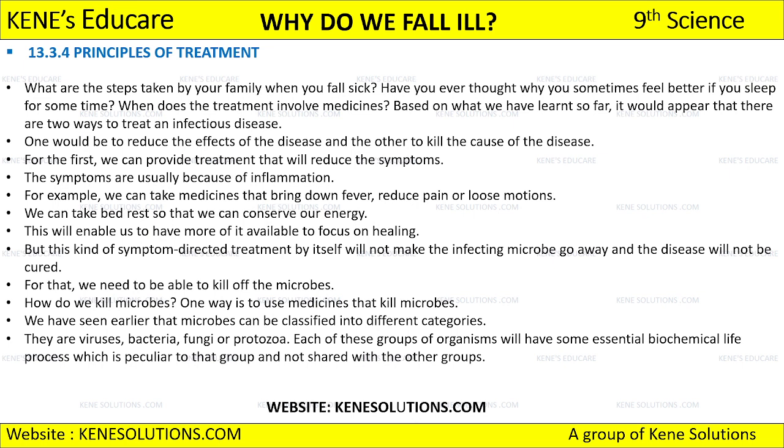The first one, reducing the effect of the disease, can happen when you just sleep or take rest and you feel better, right? In that case, you're reducing the effect of the disease. Okay, that is one thing that can be done. The other thing is you can kill the cause of the disease, why the disease was caused. We can even kill that. Okay, so that can be done.